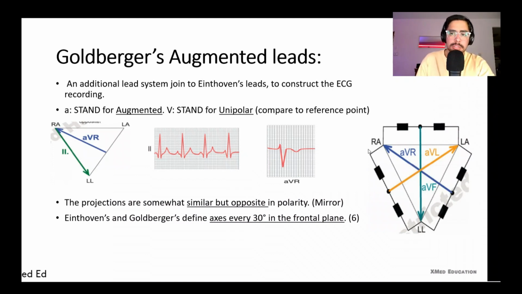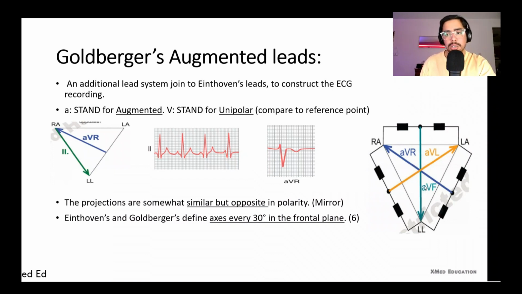And how can we calculate them? This is lead 1, this is lead 2, and this is lead 3. aVL is perpendicular to lead 2, aVR is perpendicular to lead 3, and aVF is perpendicular to lead 1.